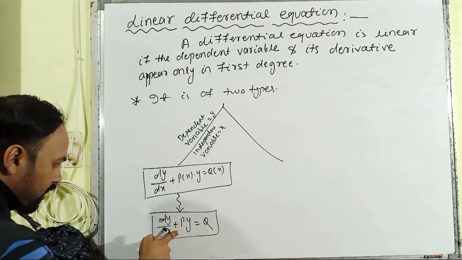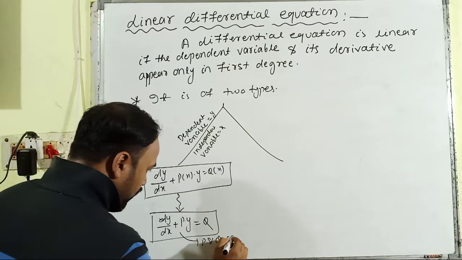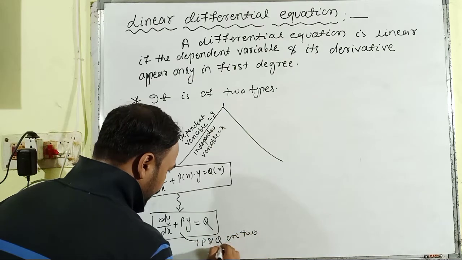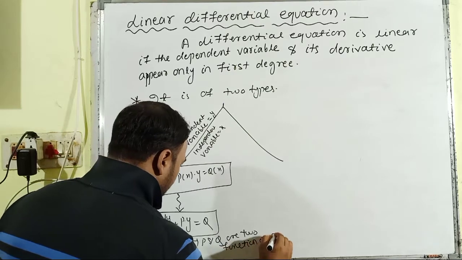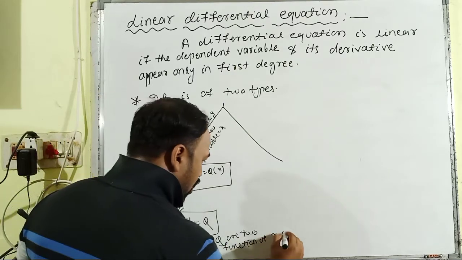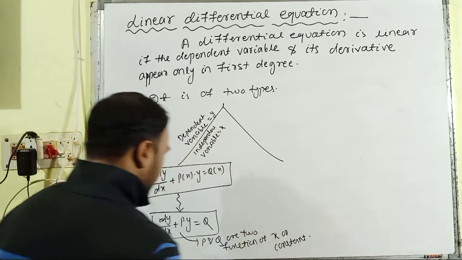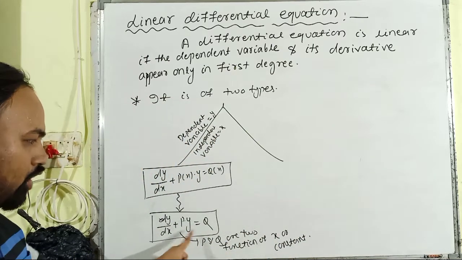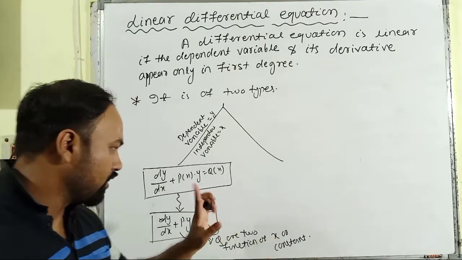If you write this, then you have to write that p and q are two functions of the variable x or constants.